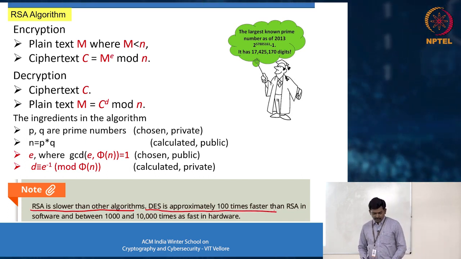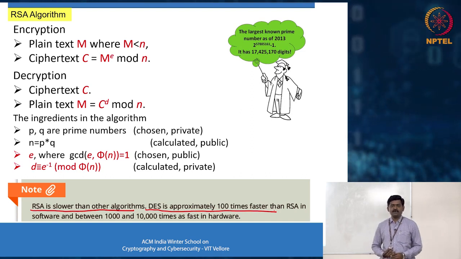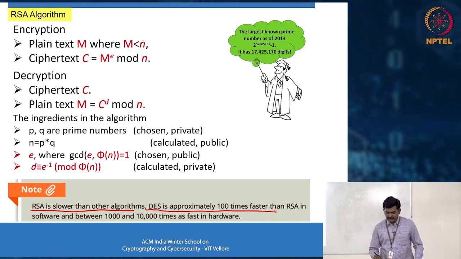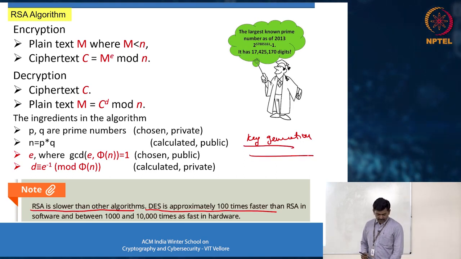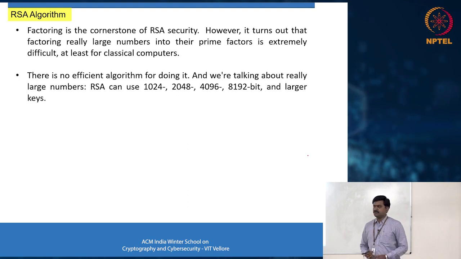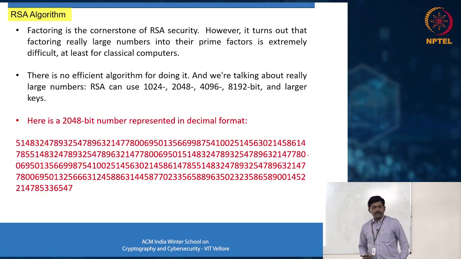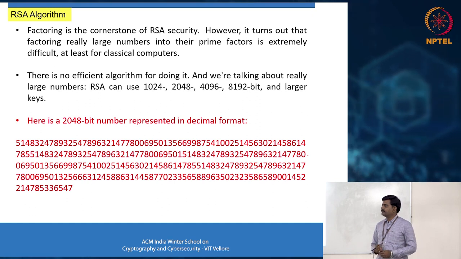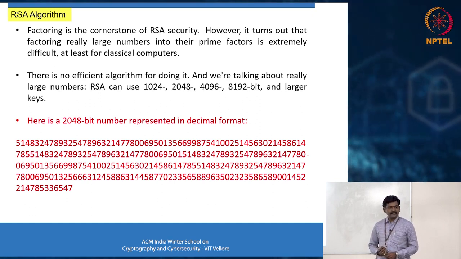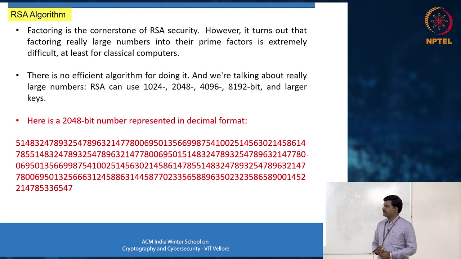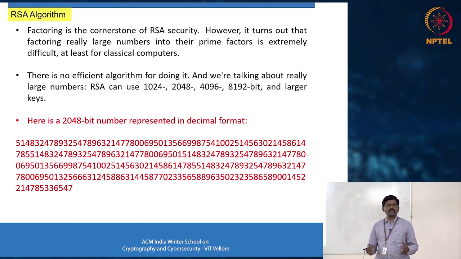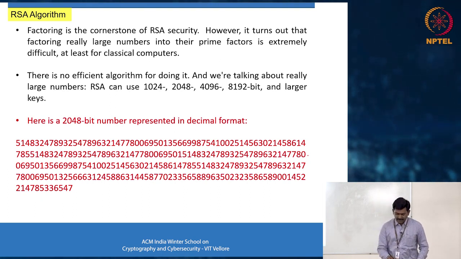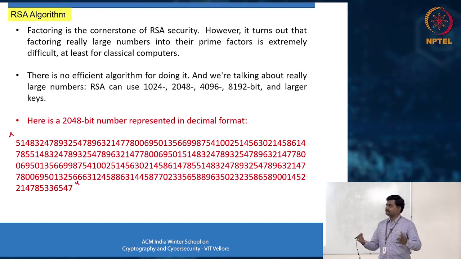So where has this slowness come from? The main culprit is the key generation process. It is the key generation process that makes this slow. Just to give you a feel, we said 1024 bit, 2048 bit. If you want to display a 2048 bit number in decimal format, this is the number, one number.